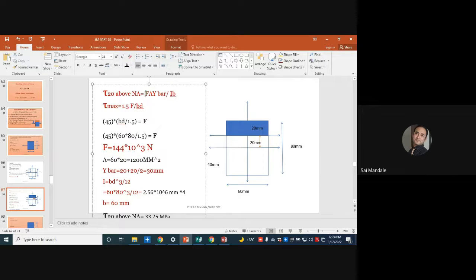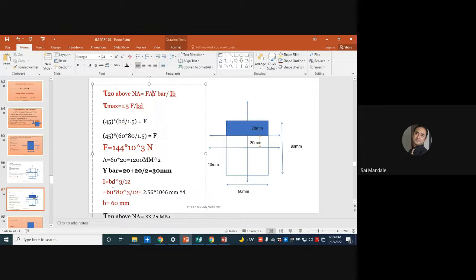So F we have calculated, A we have calculated. Now the point is Y bar. This is the section, and where is its centroid located? Its centroid is located at its center point, so 20 plus 20 by 2. What is the moment of inertia of the complete section?